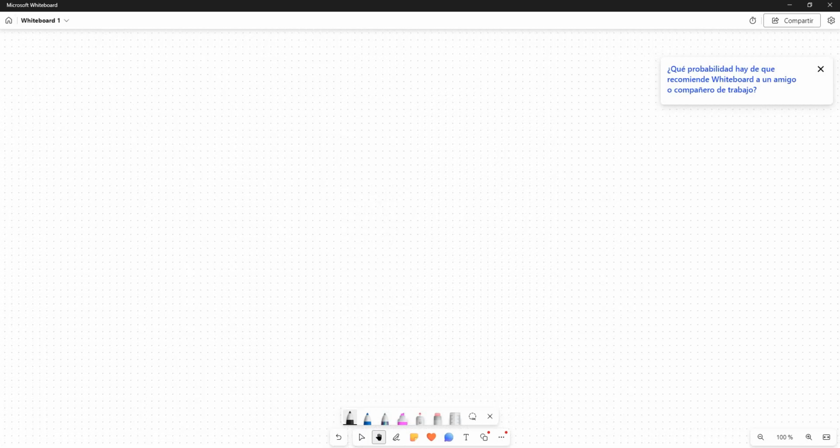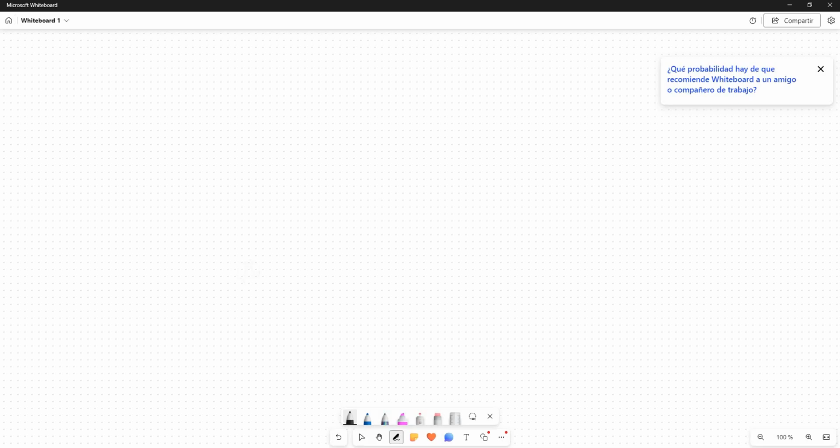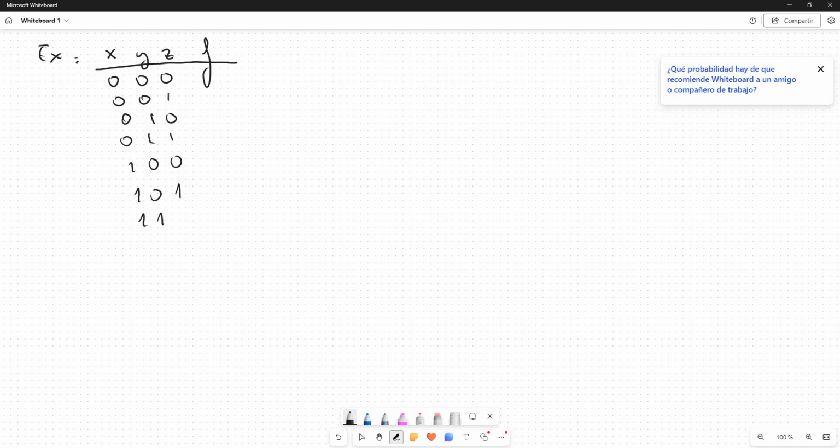Imagine that we have the following function. It's a 3-variable function. So we have eight combinations.